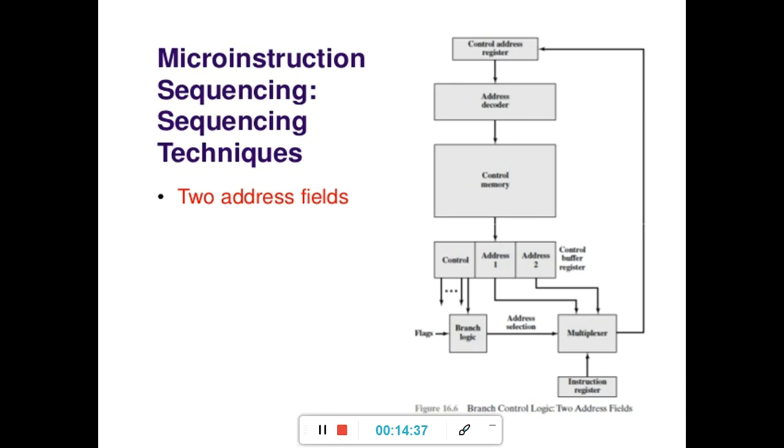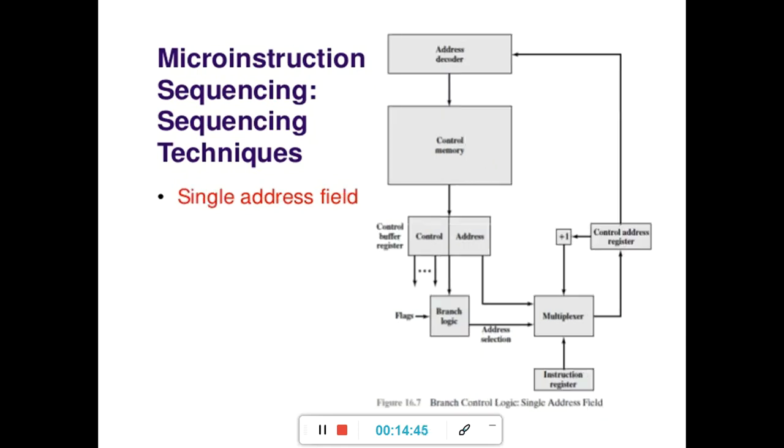The schematic sketch is very similar for the two address fields, the single address field and the variable address field. Next we are going to see single address field. What is single address field? The two address approach is simple, but it requires more bits in the microinstructions.